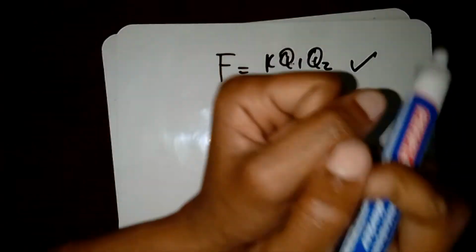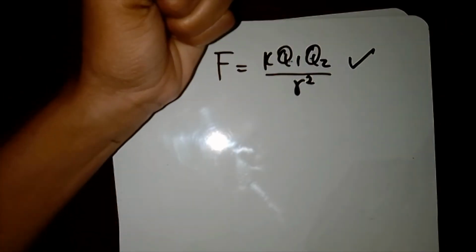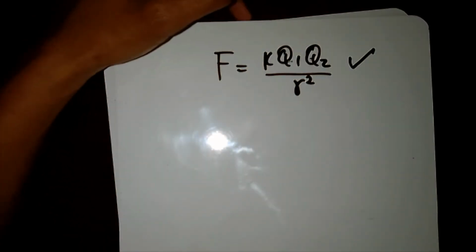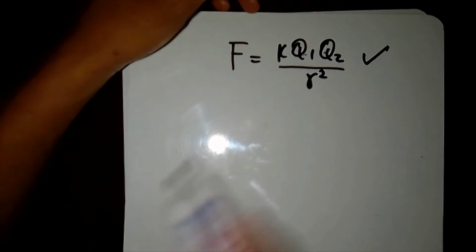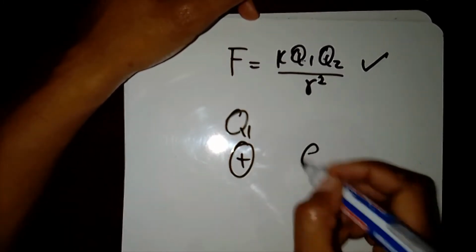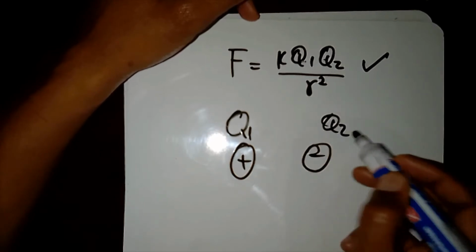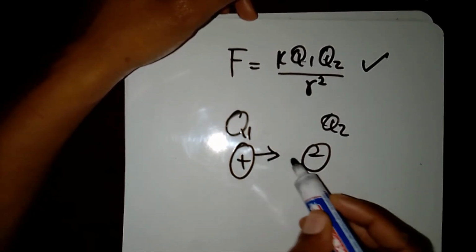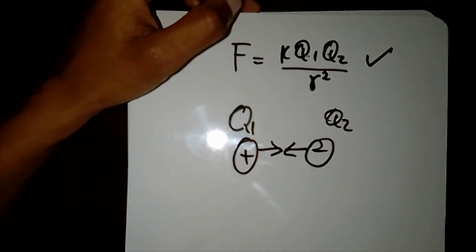Remember, like charges repel each other, and unlike charges are attracted to one another. If we have these two charges, let's say this is Q2, both of them will experience the same electrostatic force. Why?